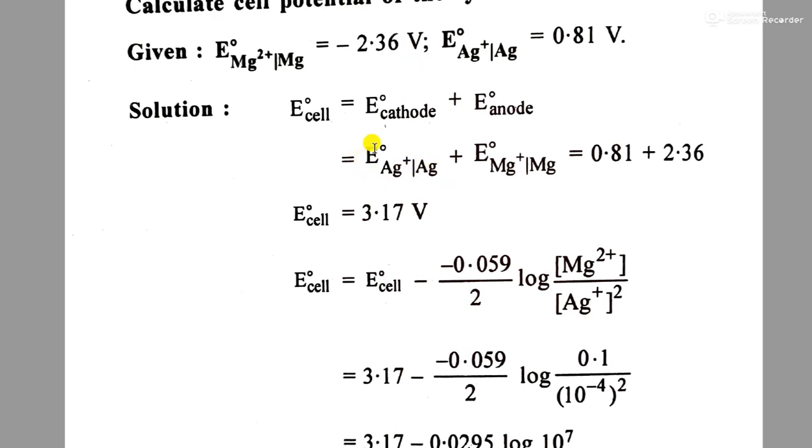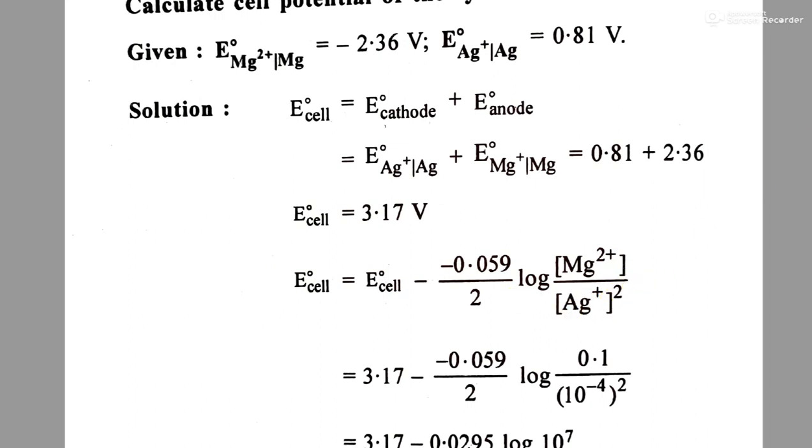So the equation will give this answer, that is E0 of cell is 3.17 volt. And we are substituting this E0 of the cell in the Nernst equation. Here it is E of a cell. E of a cell is equal to E0 of the cell minus 0.59 by 2 log concentration of magnesium ions divided by concentration of silver ions square.